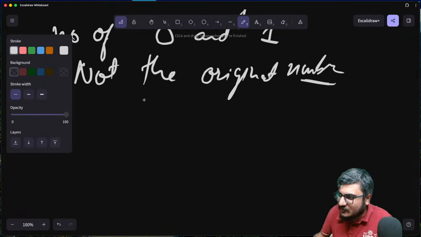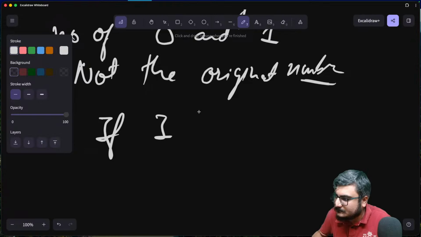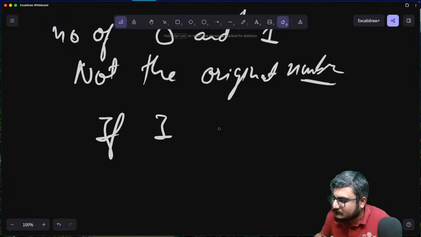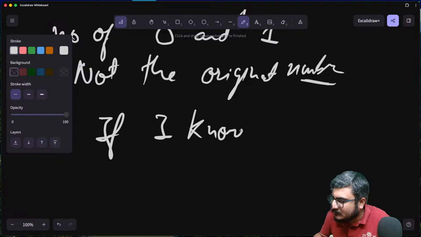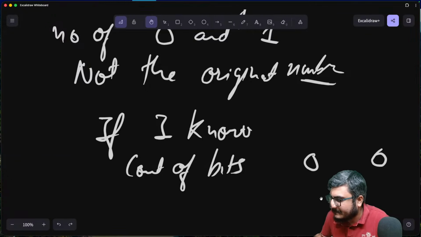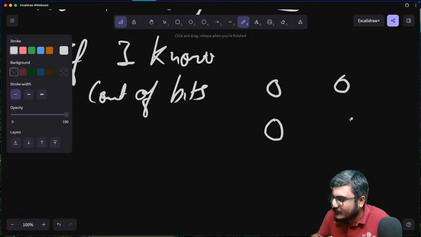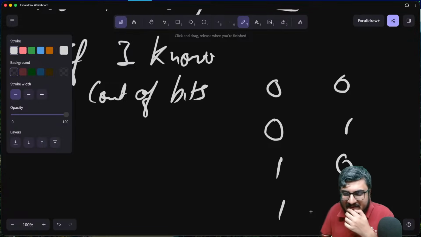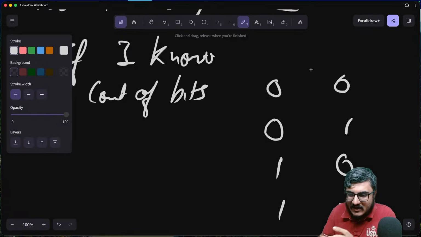as long as I know how many bits have 0, 0 on both sides, the count of bits with 0, 1 on both sides, the count of bits with 1, 0 on both sides, the count of bits with 1, 1 on both sides, then using this I can also find how many zeros and how many ones will exist for A9.